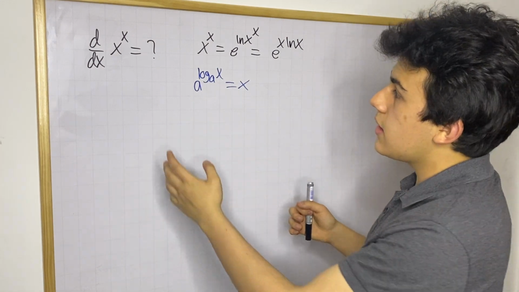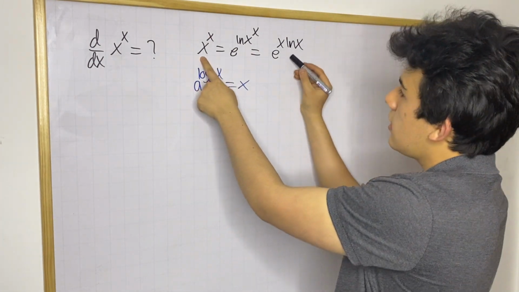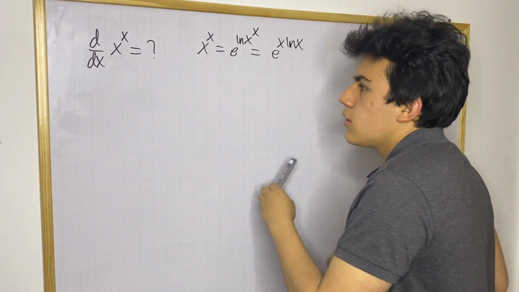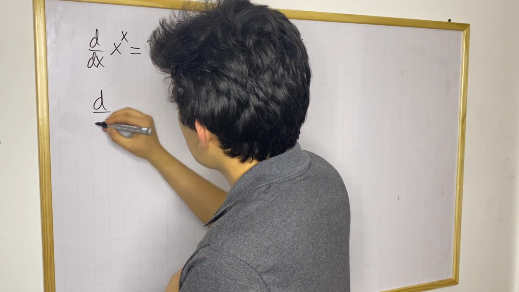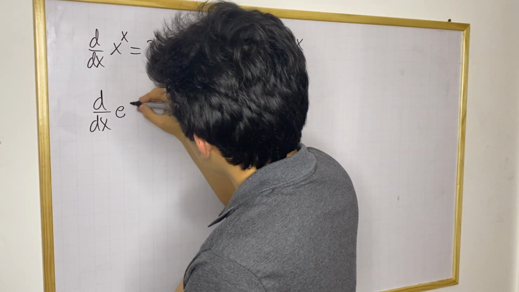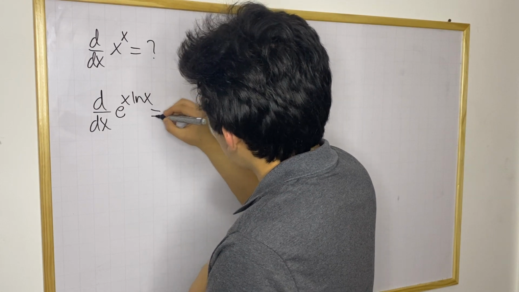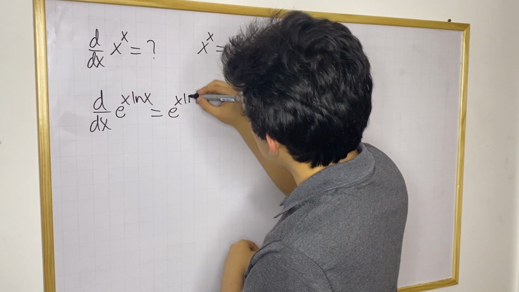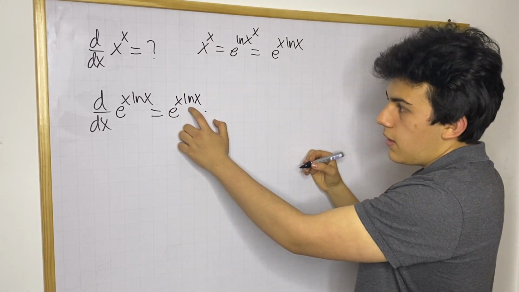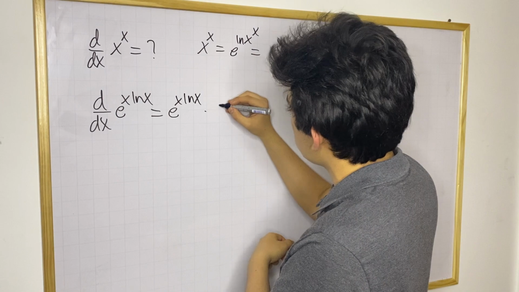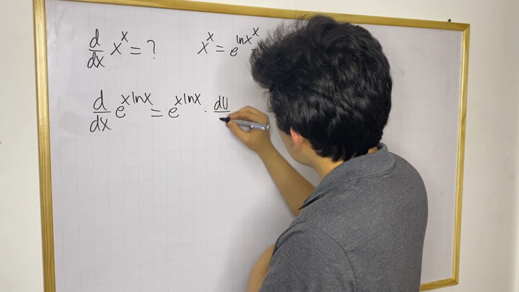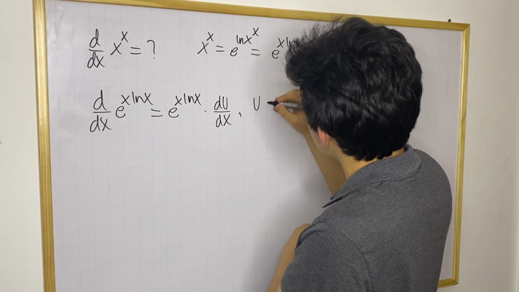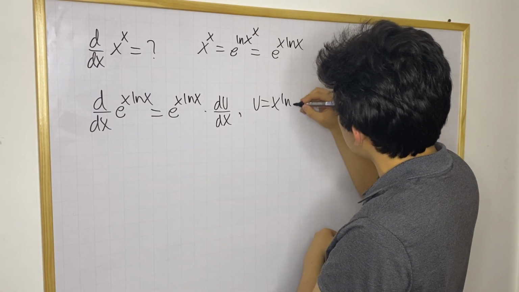And you also know that you can rewrite that equation as e to the x times ln x, okay? This is something that you can do. And now, if you want to take the derivative of x to the x, well, you can take the derivative of e to the x times ln x. So let's do that. The derivative with respect to x of e to the x ln x is going to be equal to, we can just write the initial function e to the x ln x times the derivative of, if you want to see it as a chain rule, du over dx, where u is equal to x times ln x, okay?